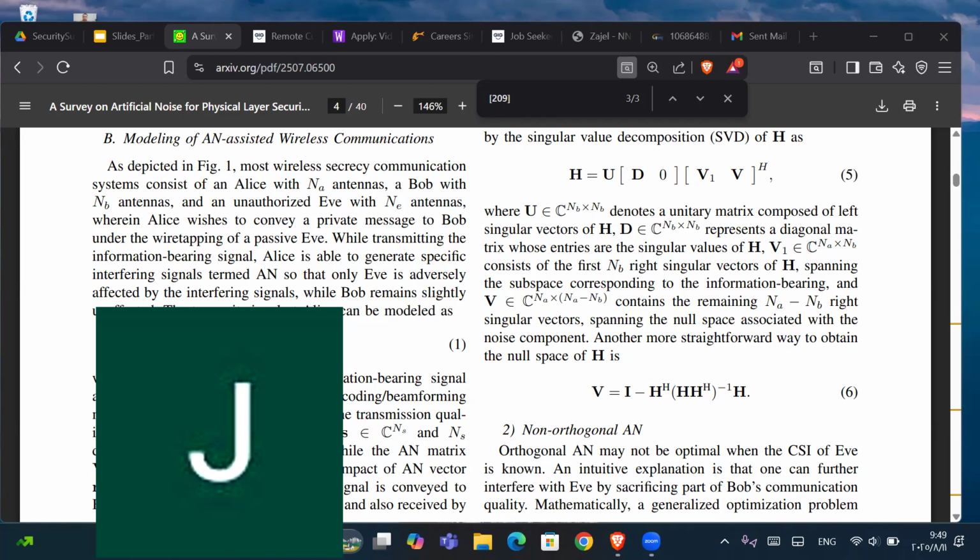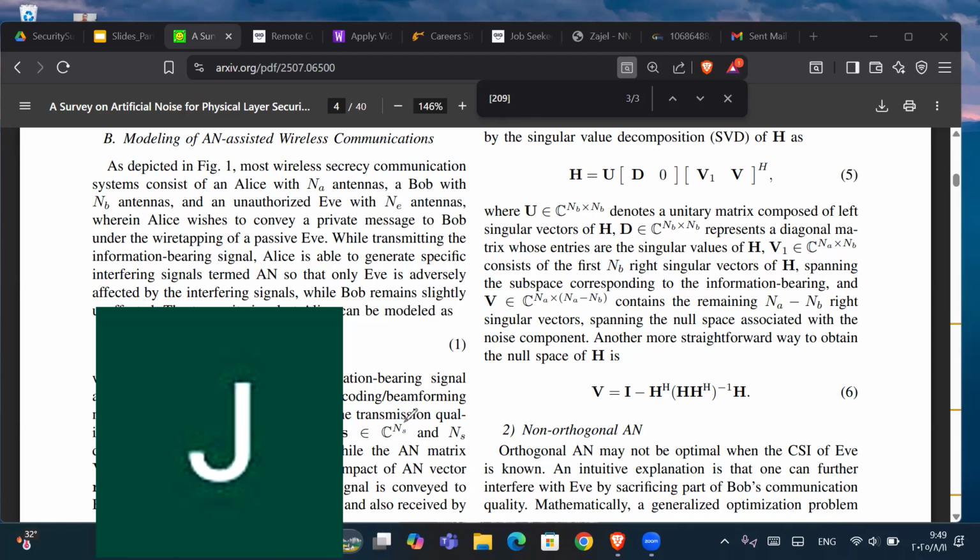So what does it say here? Where WS and VR denote the information-bearing signal and artificial noise respectively, which means this is the information-bearing signal precoded, and this is the artificial noise.